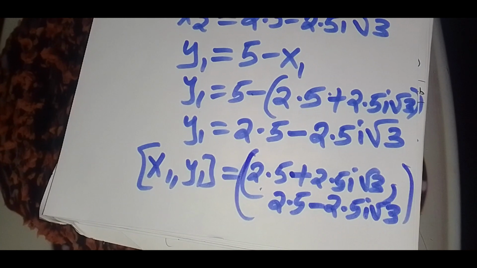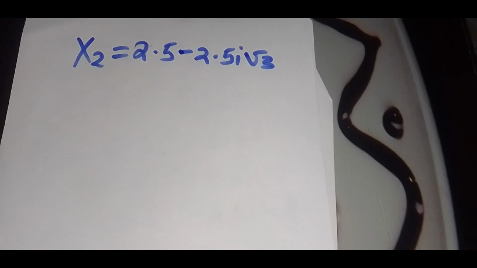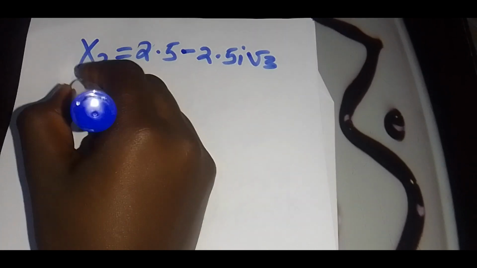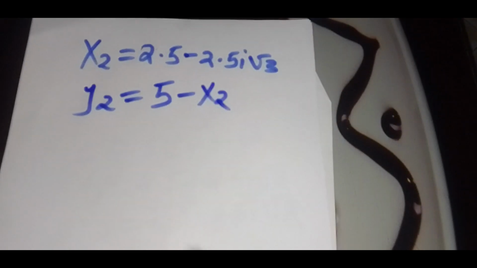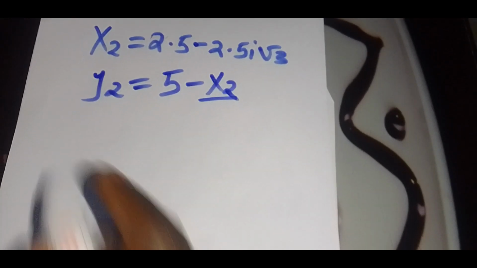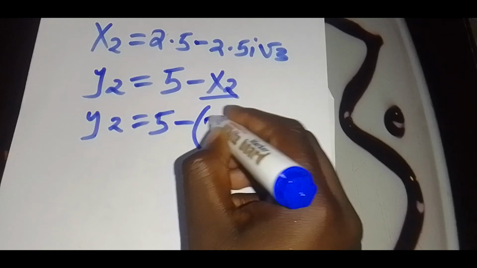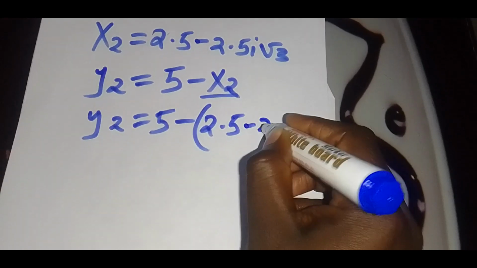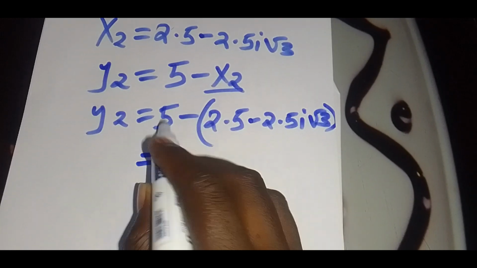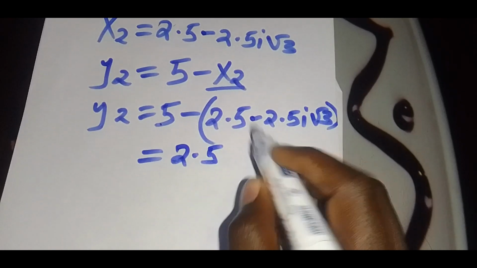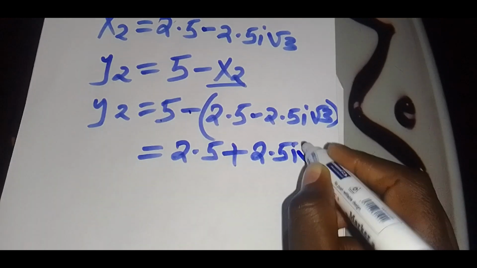Now for x2, which is 2.5 minus 2.5i square root of 3, what is y2? y2 is equal to 5 minus x2. Substituting x2, y2 is equal to 5 minus (2.5 minus 2.5i square root of 3). So 5 minus 2.5 is 2.5, and minus times minus is plus 2.5i square root of 3.